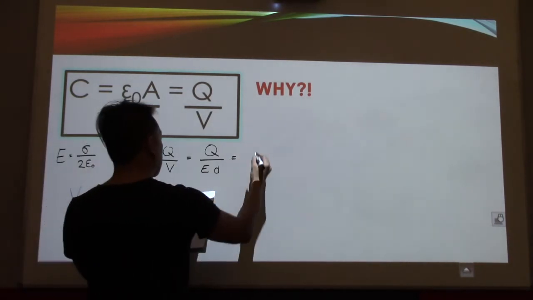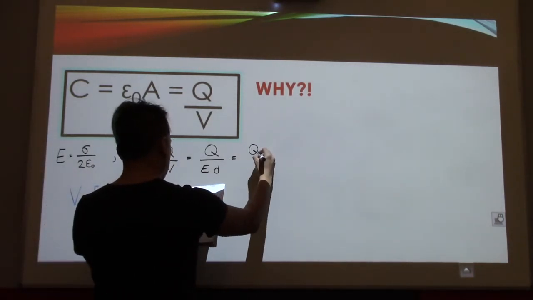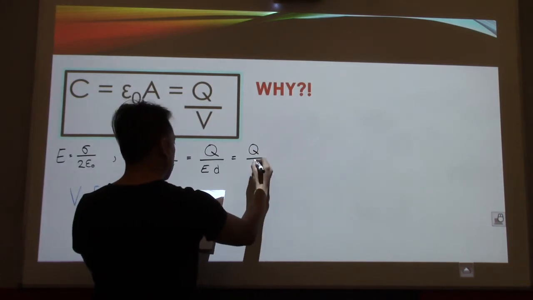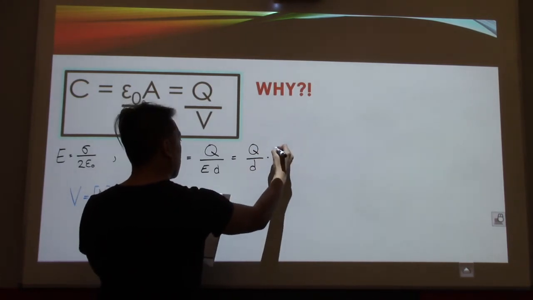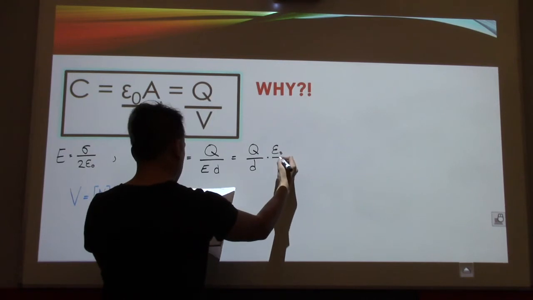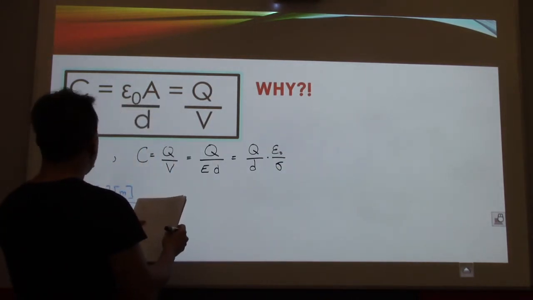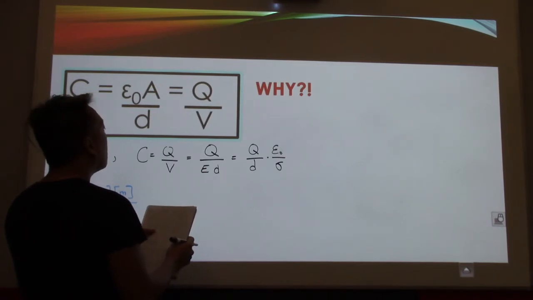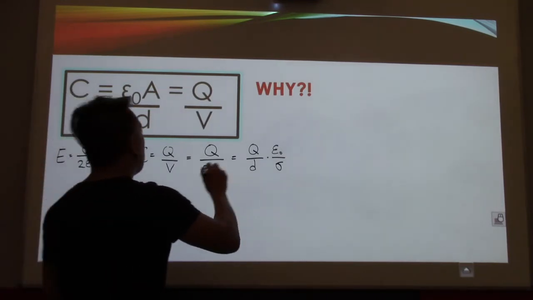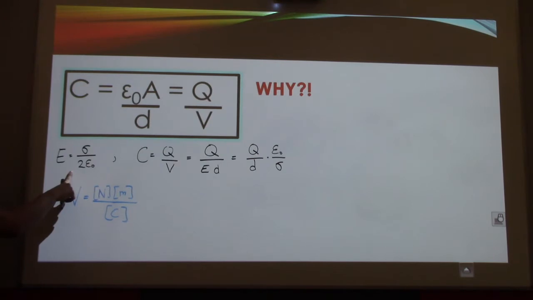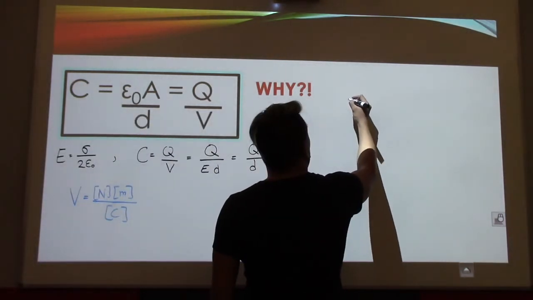Let's replace what E was in here. So we get this, sigma, and this here. Oh, remember this was one plate. We have two plates now. So let's write that out.